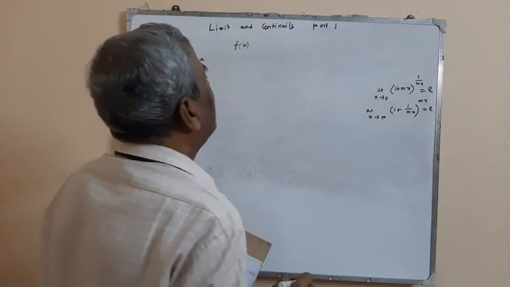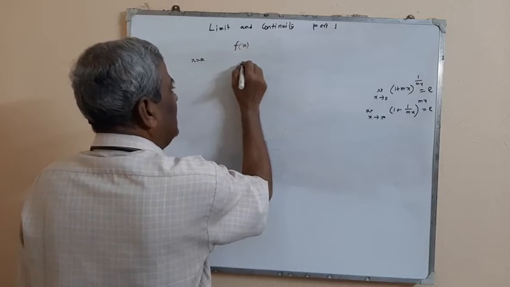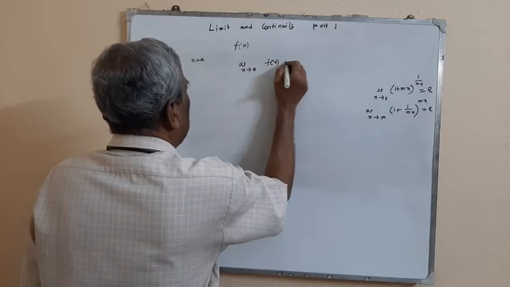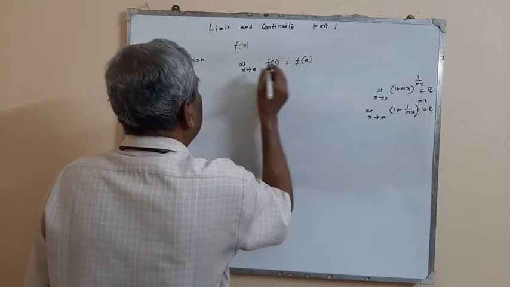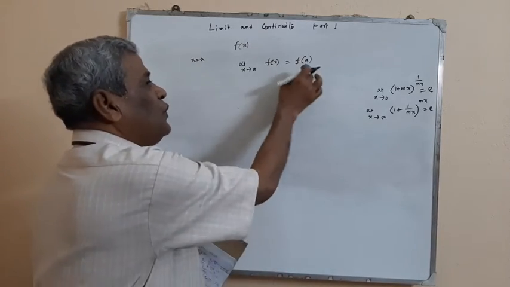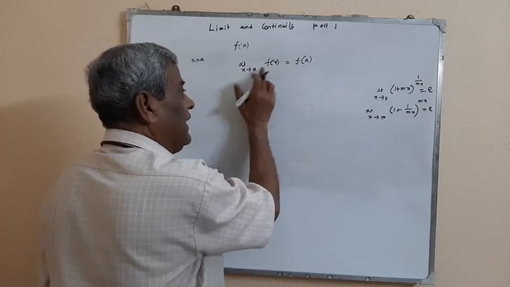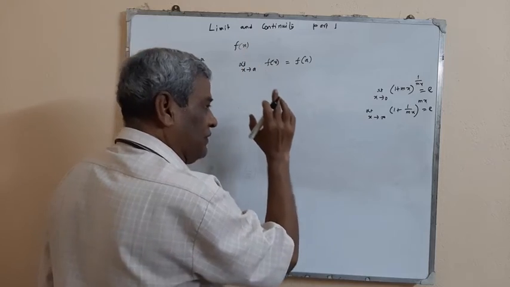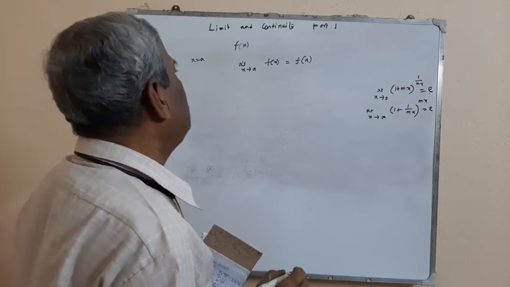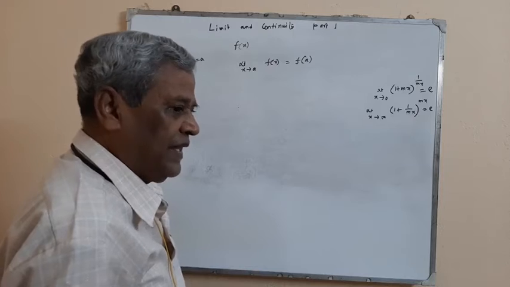If the limit, that is limit x tends to a f(x), is equal to f(a), the functional value of it at the point x is equal to a. That is ultimately the left hand limit of f(x), the right hand limit of f(x) and f(a), the three are equal. In that case, we say that the function is continuous at the point x is equal to a.